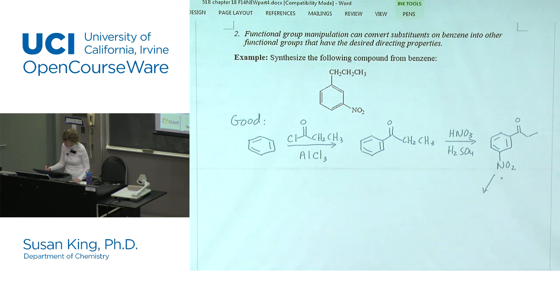So what's Wolff-Kishner? NH2NH2 and sodium hydroxide, not zinc-mercury amalgam and HCl.